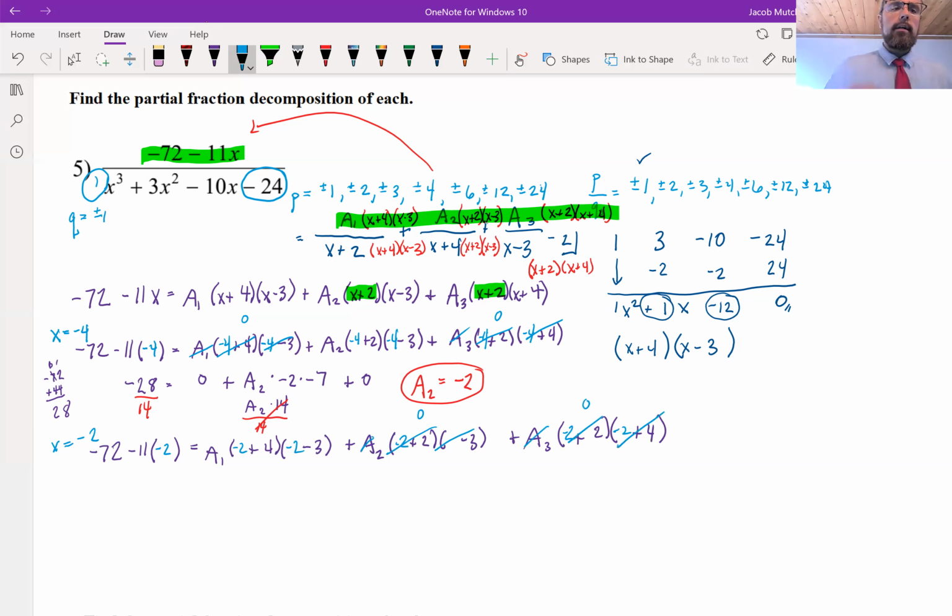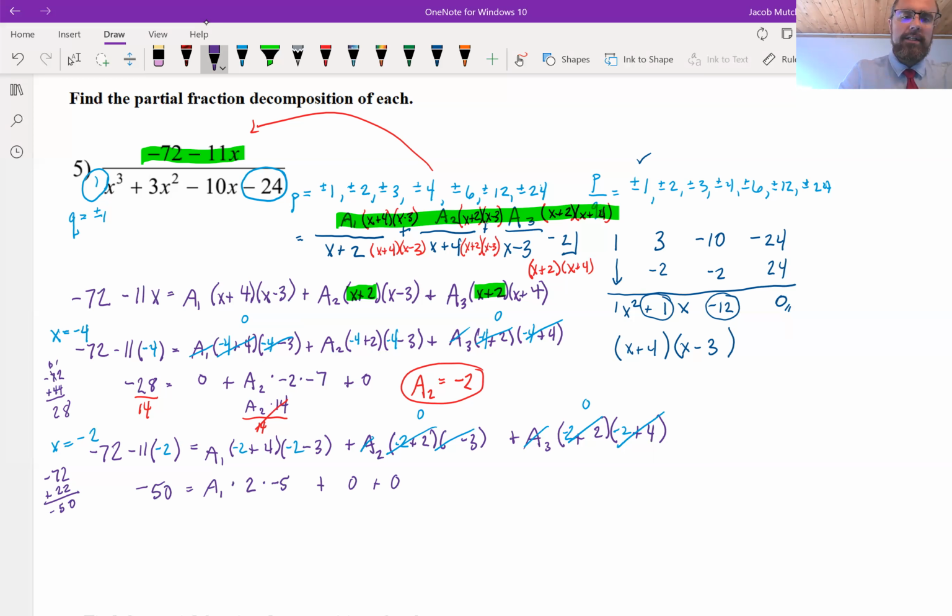So when I go to solve here for a sub 1, again, I'm going to get negative 72 times negative 11 times negative 2. So that's negative 72 plus 22, which is going to give us negative 50 equals a sub 1 times negative 2 plus 4 is 2, times negative 2 minus 3 is negative 5, plus 0 plus 0.